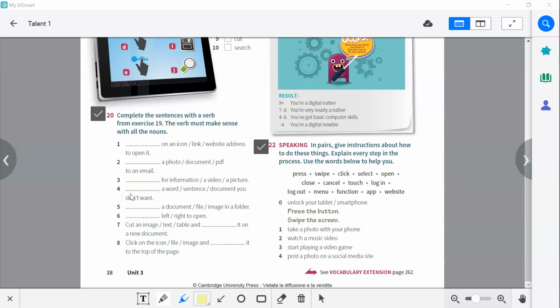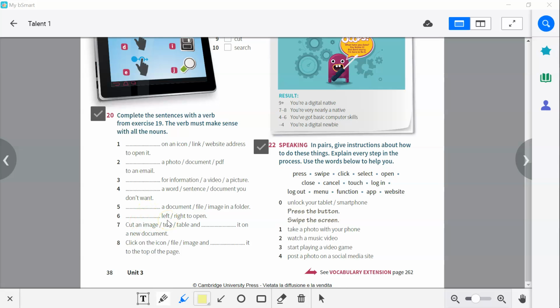Then we have number 4, a word, a sentence, a document you don't want, and the right verb is delete. A word, so cancellare. Number 5, document, file, image in a folder, and the right verb is save.